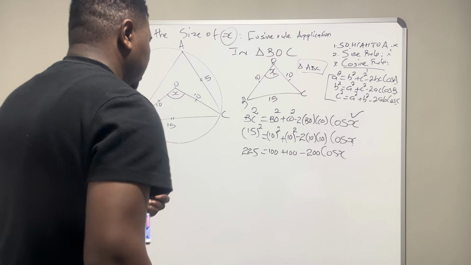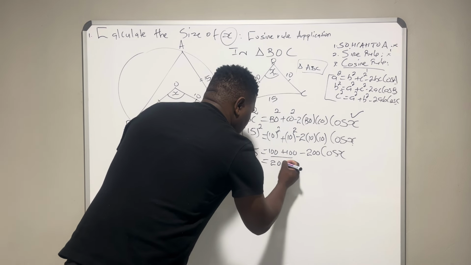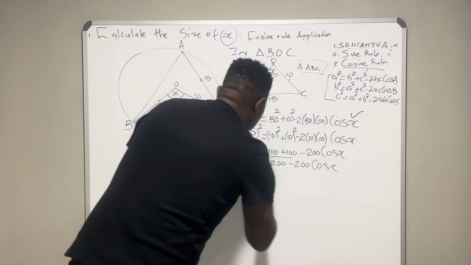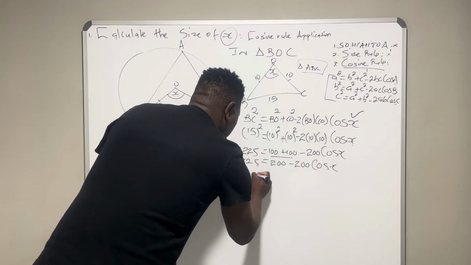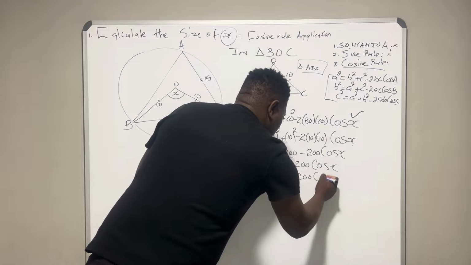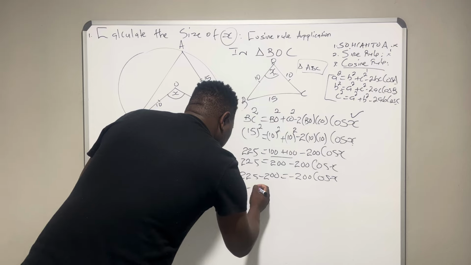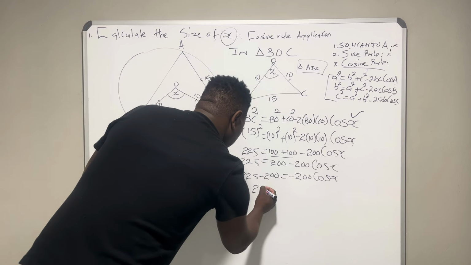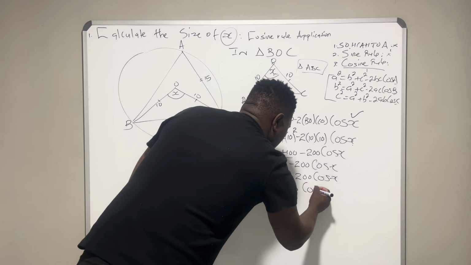Now what is remaining is to simplify: everything here gives us 200 minus 200 cos of x. That side we've got 225. So when you transpose, 225 minus 200 is equivalent to negative 200 cos of x. So we are having a positive 25 equal to negative 200 cos x.